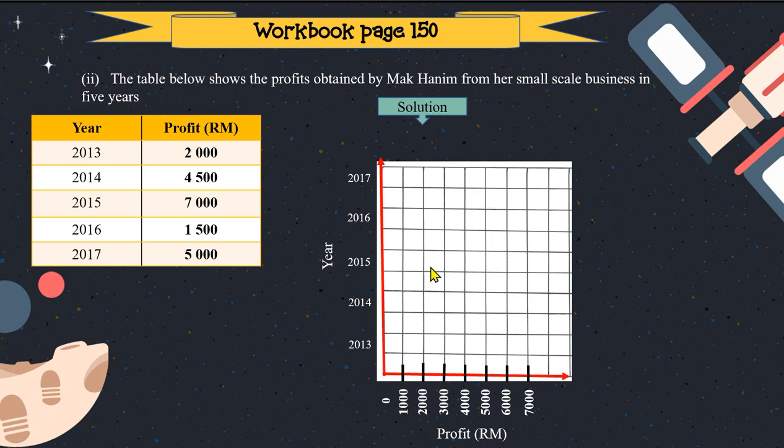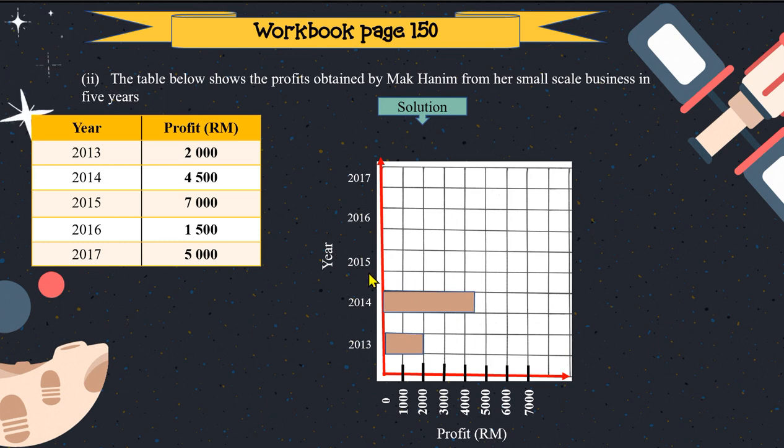Okay, next you draw the bar graph. So 2013, the profit is 2,000, so you draw a bar here. And then 2014 is 4,500. So 4,500 is here, in between 4,000 and 5,000.